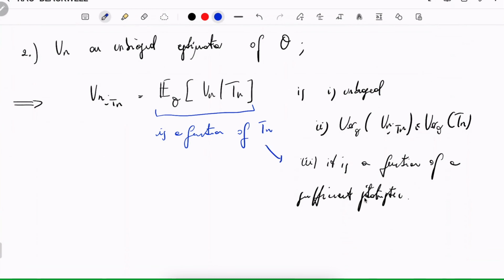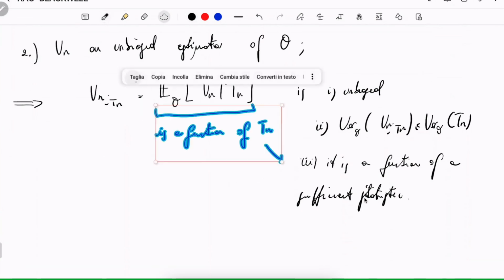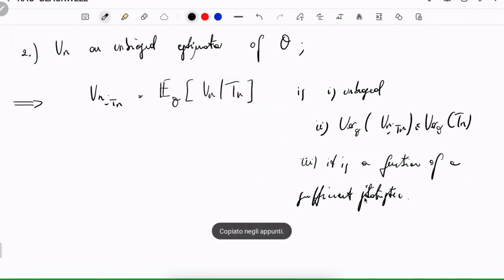I like to joke with my colleagues that I usually say by definition, but it actually is. The only thing you can do is show what this object is, and that way you see even more clearly that it is a function of T_n, hence a function of a sufficient statistic.